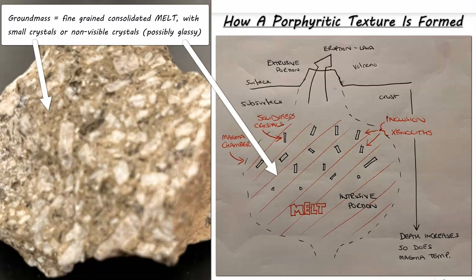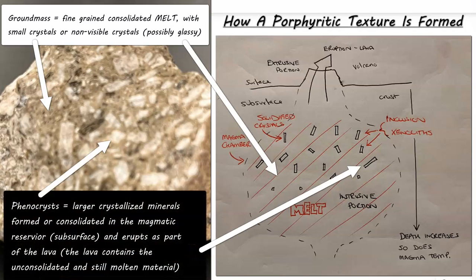But you also have the inclusion of these larger phenocrysts that developed while in the magma underground. So with this cooling extrusive rock, like a rhyolite or a trachyte, as in this picture, you have the groundmass of small, fine material, and in between you have these large visible phenocrysts.